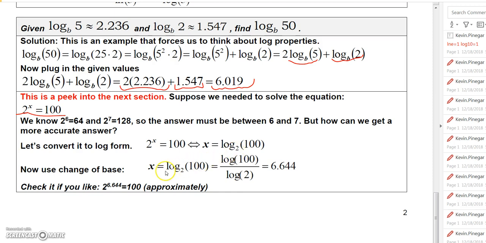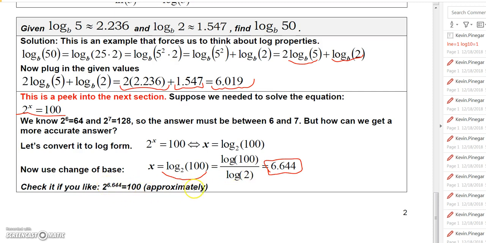Well, then you could actually use your change of base formula. You could write log of 100 base 2 as the common log of 100 divided by the common log of 2. And since we can do common logs on our calculator, we could calculate that and get 6.644.